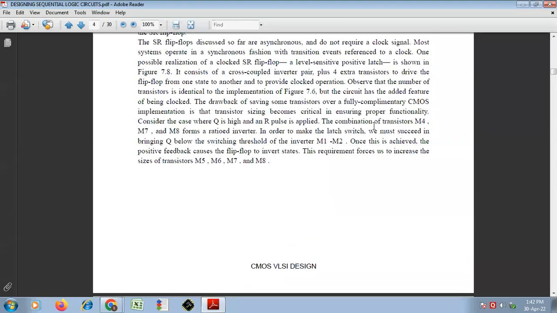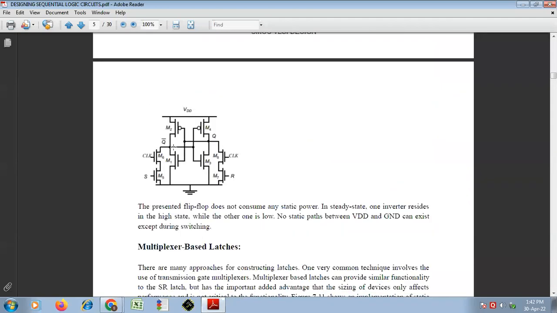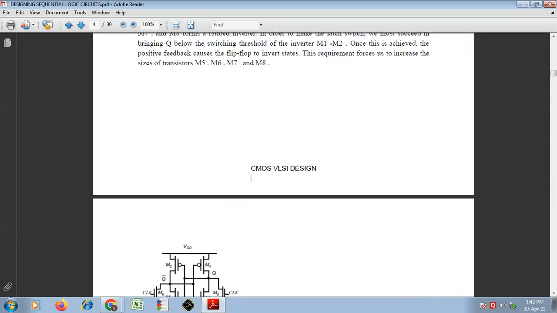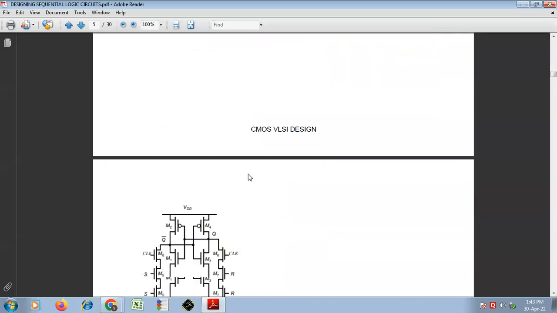The combination of transistors M4, M7 and M8, that means this side, forms a ratioed inverter, right? What is a ratioed inverter? In order to make the latch switch, we must succeed in bringing Q below the switching threshold of the inverter of M1 and M2.